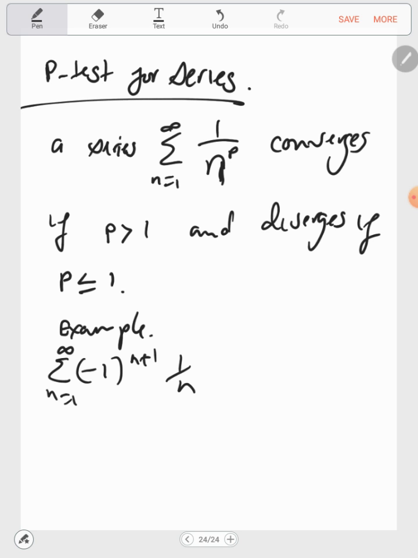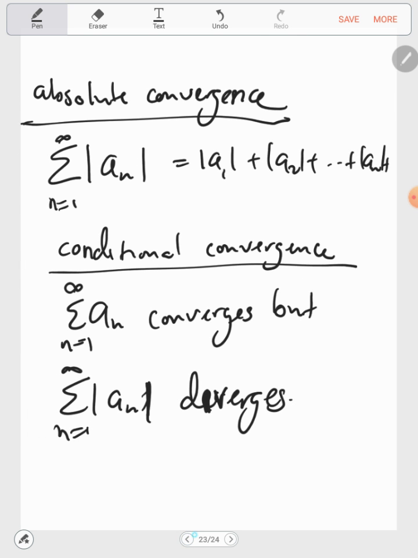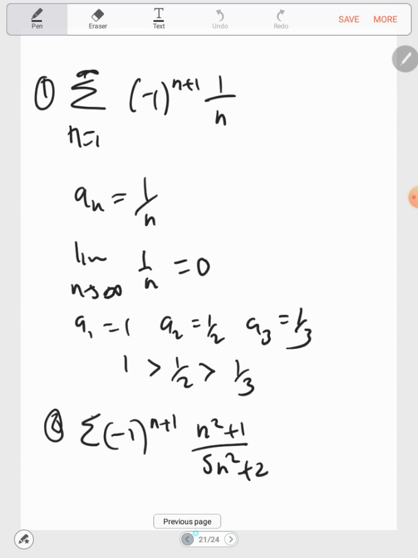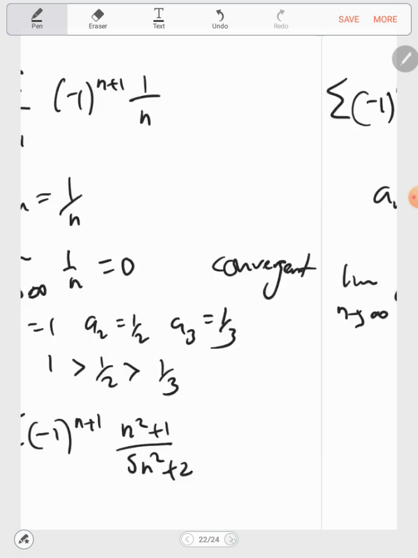Okay, so if we look at this series, we actually found that this series was convergent using the alternating series test.